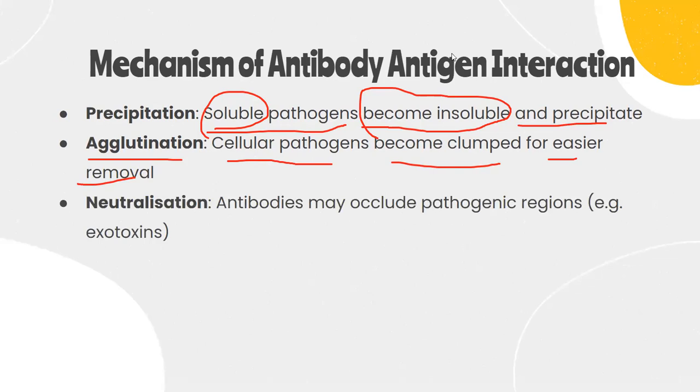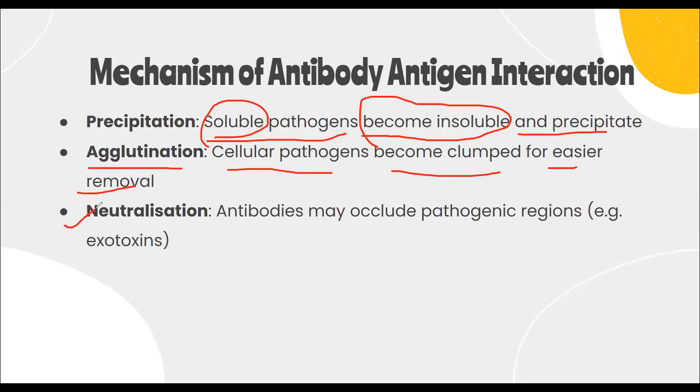Another way in which an antigen can be destroyed by the antibody is through neutralization. Antibodies can occlude the pathogenic regions by secreting exotoxins. So these antibodies can produce certain chemicals or molecules which will have an effect on the antigen in such a way that there is neutralization of the antigen.